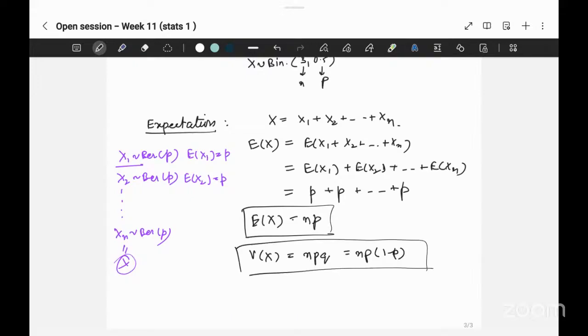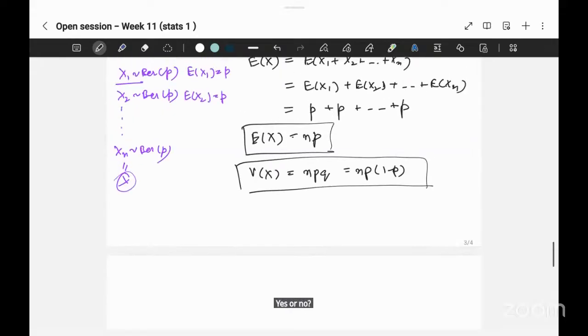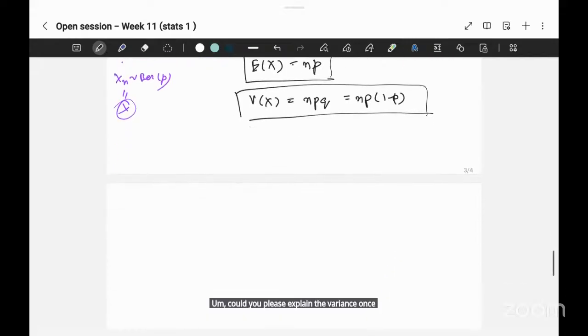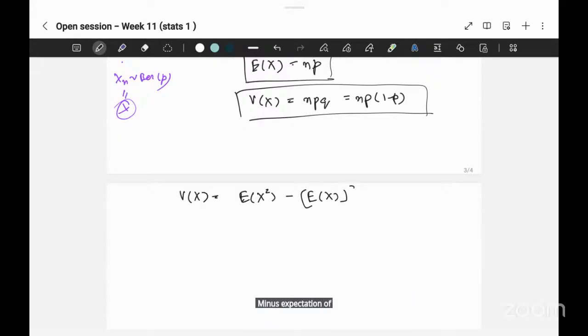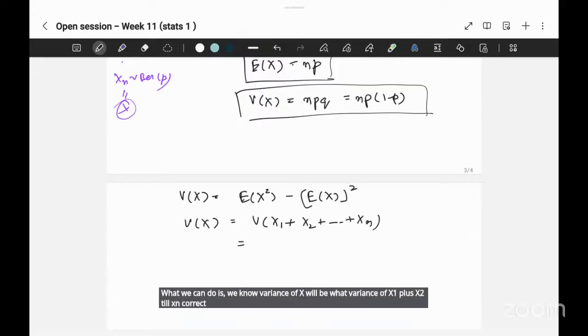Is this thing clear? Is expectation and variance fine? Could you please explain the variance once more? See, variance you can just calculate simply. Variance is the expectation of x square minus the expectation of x whole square. You know this formula. Or what else you can do is, variance of x will be the variance of x1 plus x2 till xn. And we know that they are independent, IID.